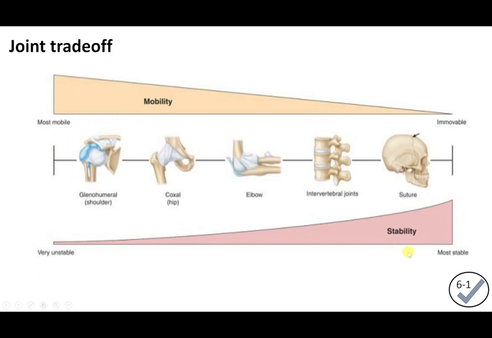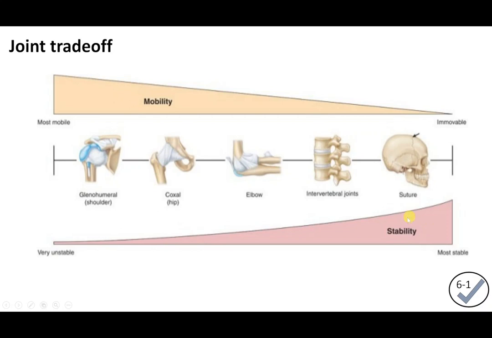Joints that are very, very stable have very little to no mobility. Joints that have a lot of mobility are pretty unstable here, right? You don't hear people dislocating their skull bones, but you definitely hear people dislocating their shoulder joints here. And so let's talk about this a little bit more. Stability also can refer to healing time, right?